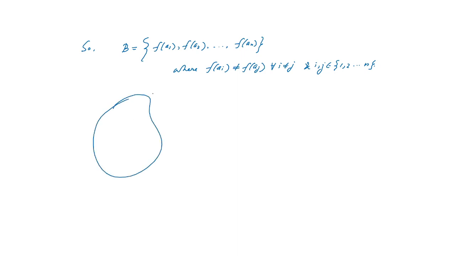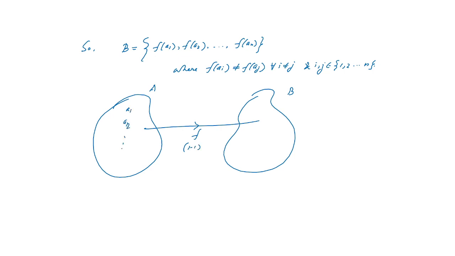So now this is your A and this is your B, and f is an injective mapping. Here the image of a1 is f(a1), the image of a2 is f(a2), the image of an is f(an), and these elements are also distinct.